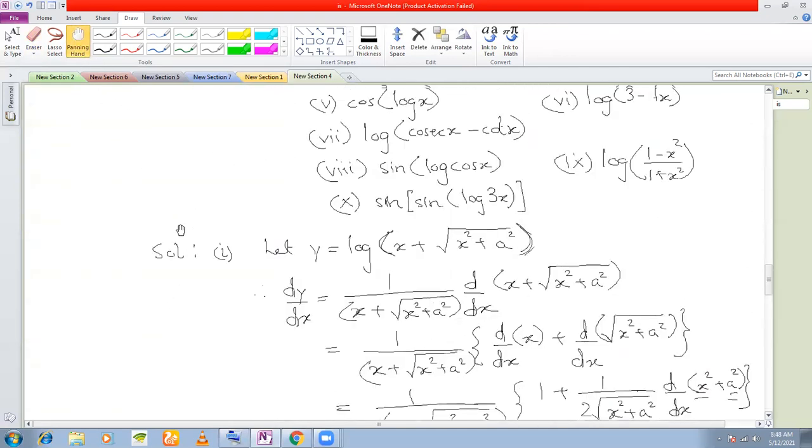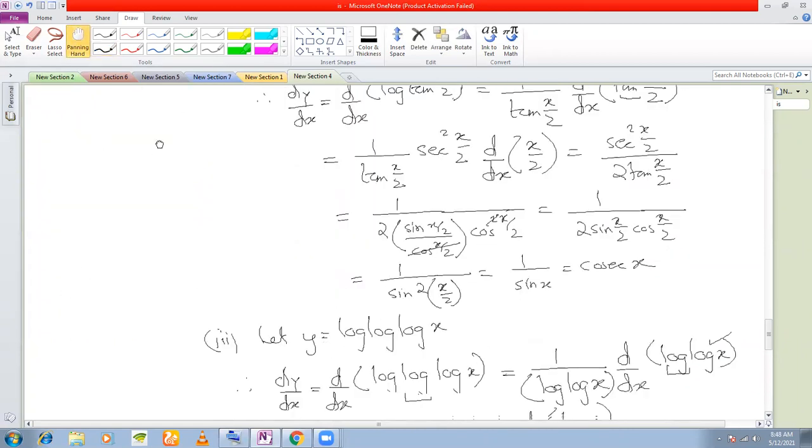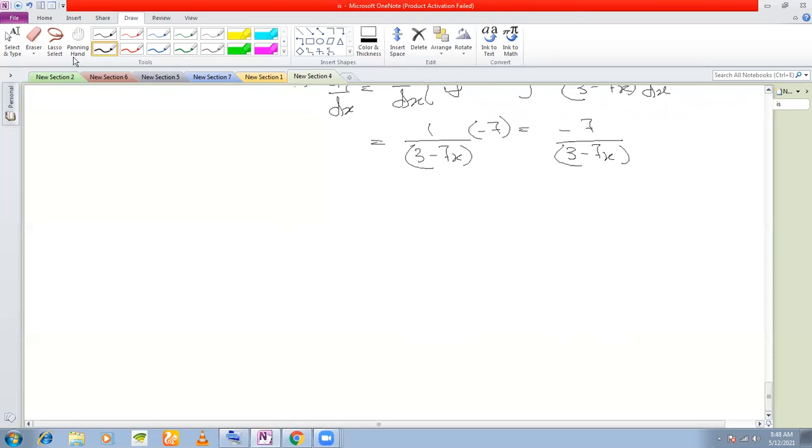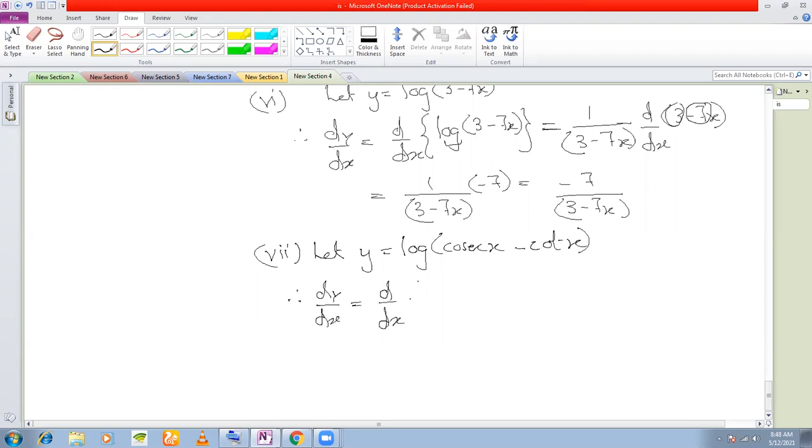The next one here is log of cosec x minus cot x. Now, this is also an important one. Take note of this. We'll be coming back to this. dy/dx here is d/dx of log of cosec x minus cot x.